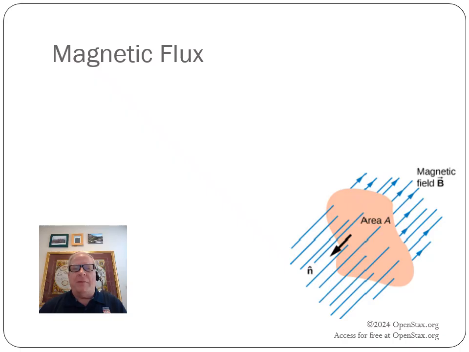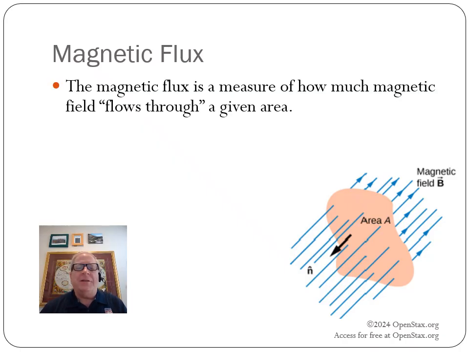It is very similar to the concept of electric flux that we studied in learning about Gauss's law. So here we're going to define the magnetic flux as how much magnetic field flows through a given area. And the symbol for flux is phi, just like it was for electric flux, but we're going to use an M subscript.